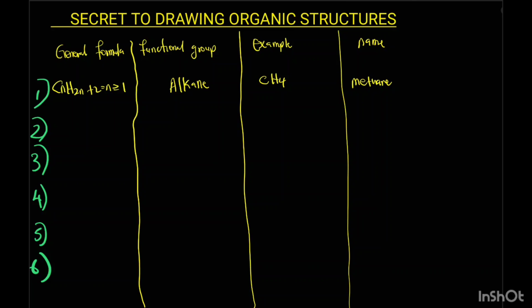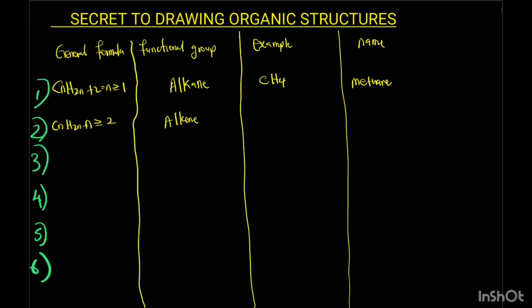The next one that we're going to be discussing is alkenes. Alkenes have a general formula CnH2n, where n is greater than or equal to 2.